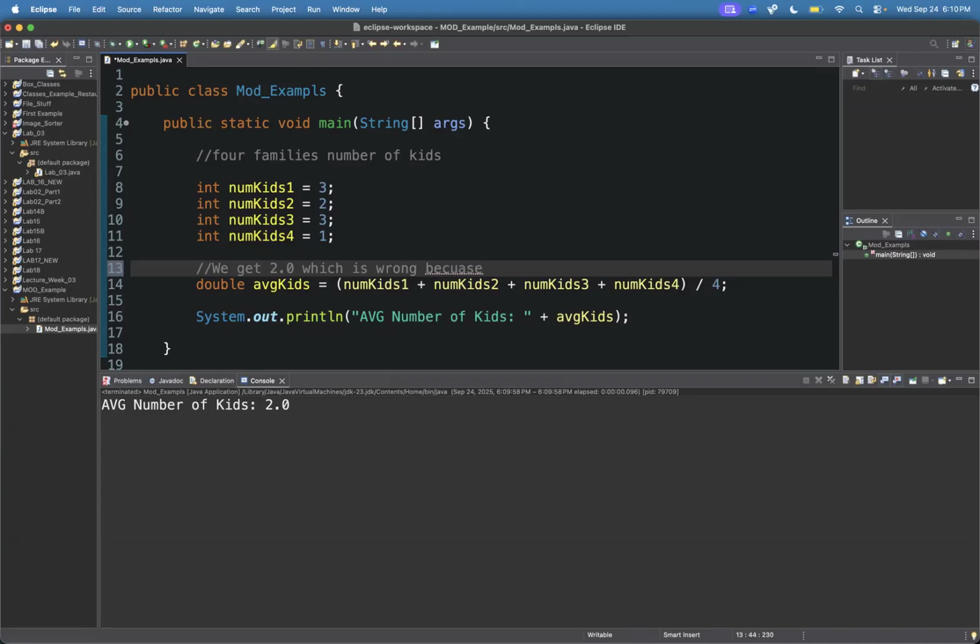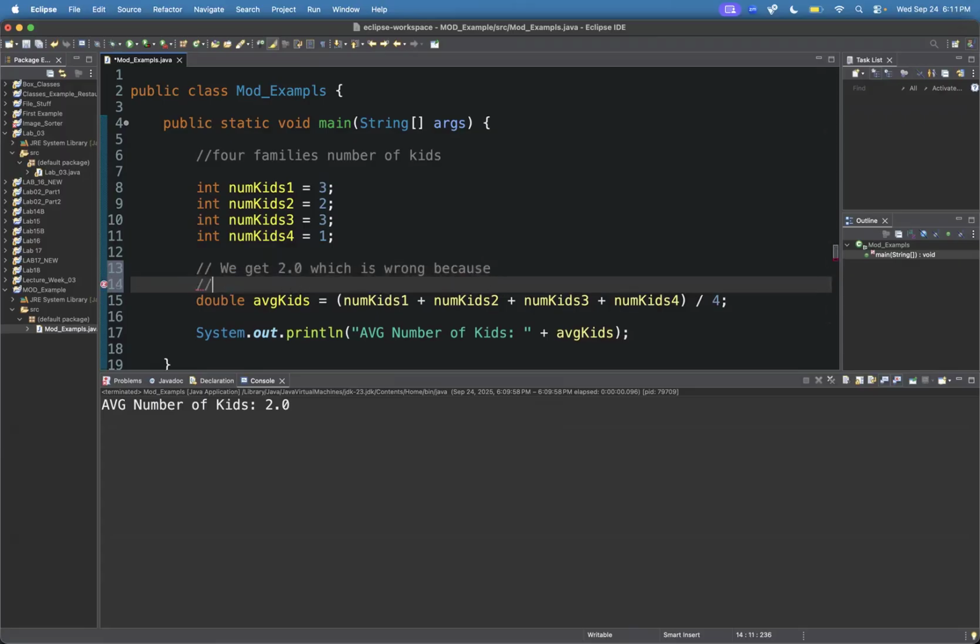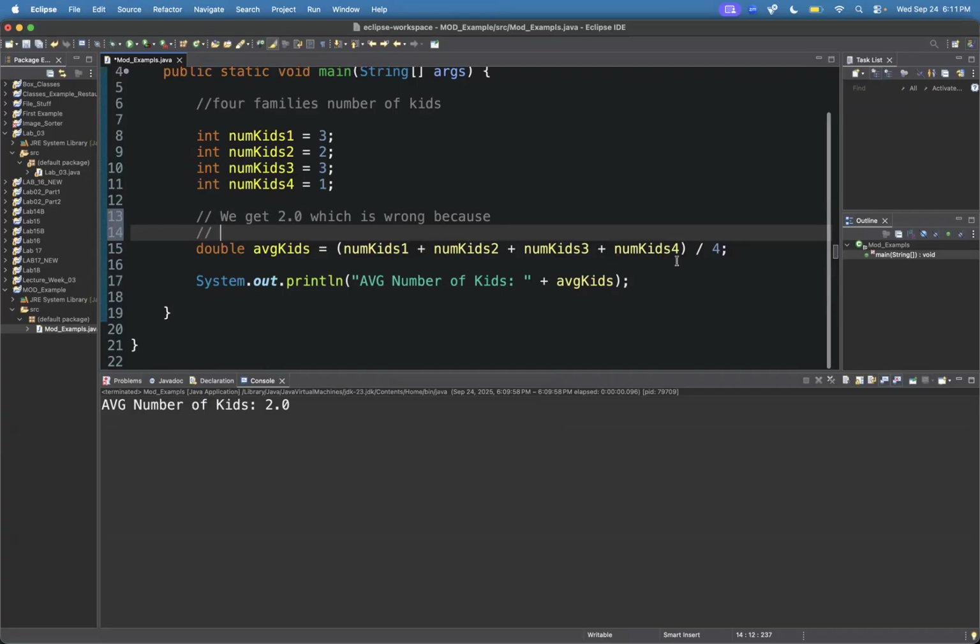Because why? Well, we should already know from when we were learning about integers from the previous week. So the problem is that Java will see that we're adding up these 4 things. They're all integers. So the top here is an integer. And then we're dividing by 4, which is also an integer. And when you divide an integer by an integer, you get an integer, right?